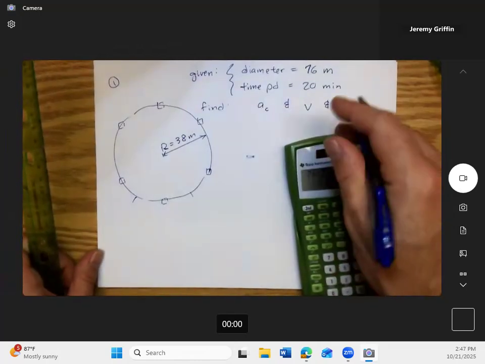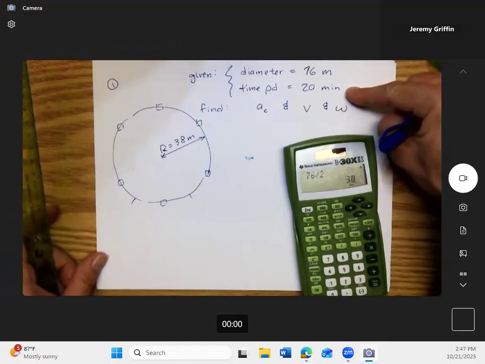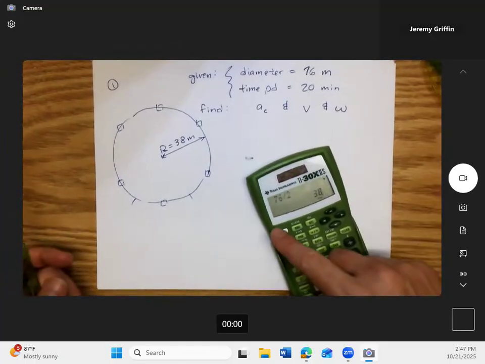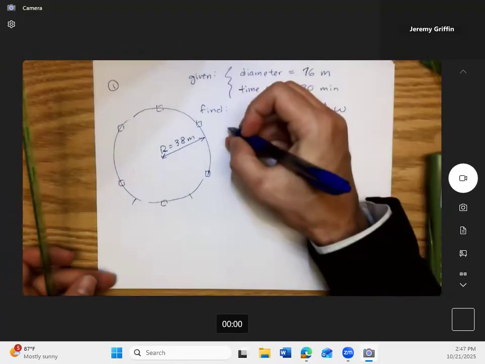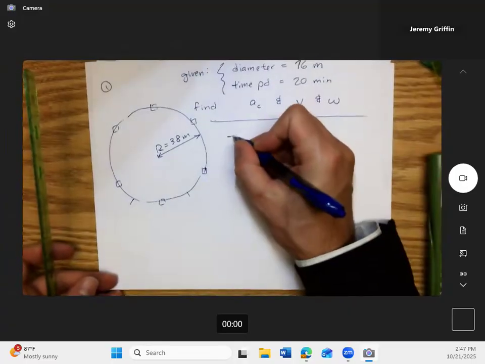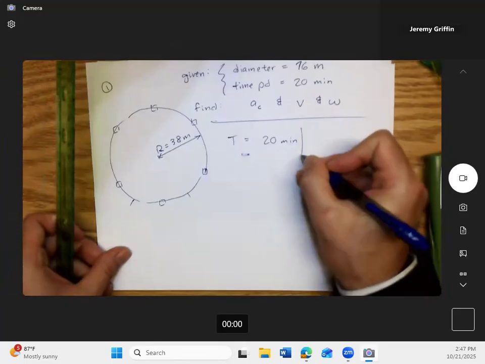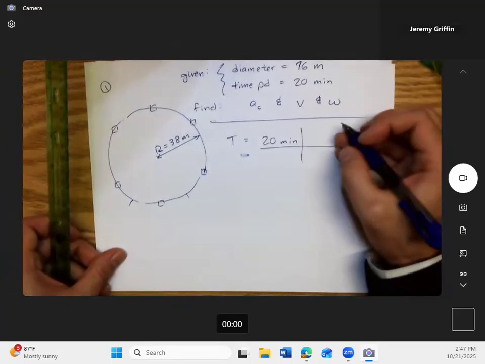Now time period is in minutes. What's the base SI unit for time? Seconds. Right. So if I just want to pop all the numbers in the calculator and get a reasonable answer, I should really have the time in seconds, shouldn't I? So capital T for time period equals 20 minutes. But let's push it through some railroad tracks. How many seconds in a minute? 60.